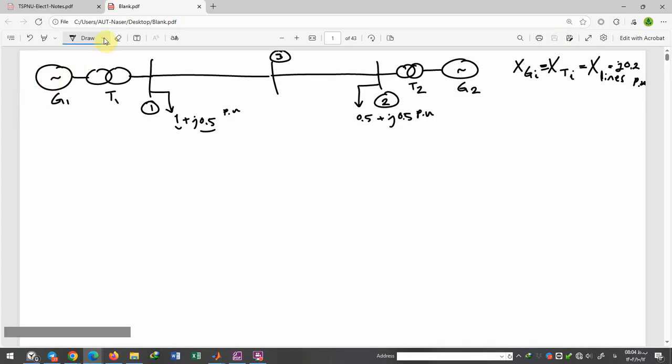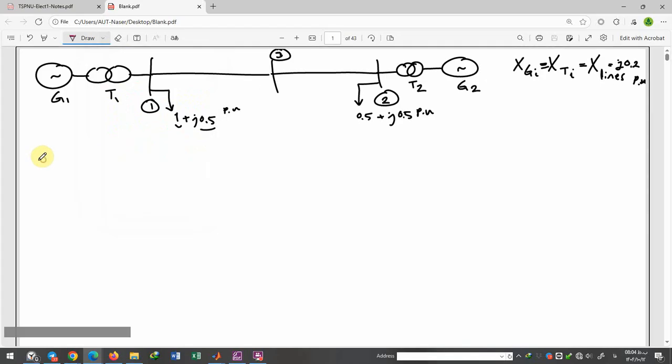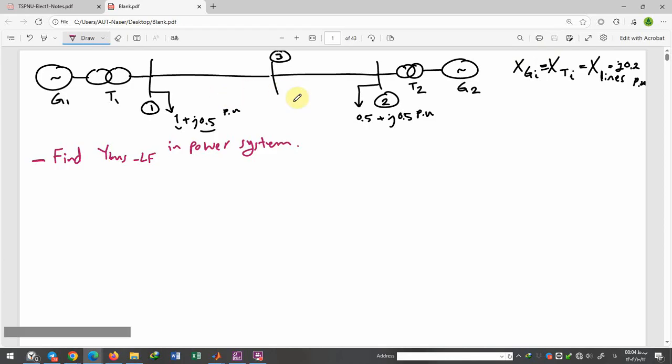The first question is about finding the Y-bus used in load flow. So the first one is to find the Y-bus in load flow in the power system. Please pay attention that we didn't say the type of transmission line, for example medium type or short type.